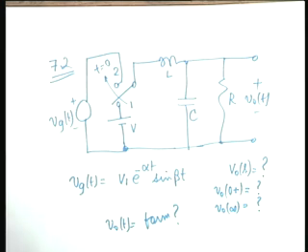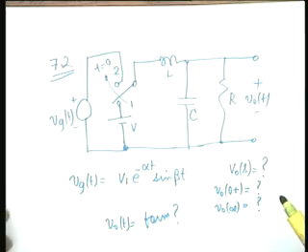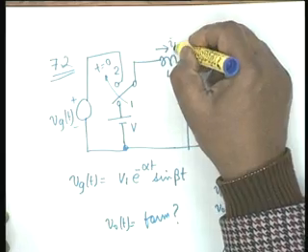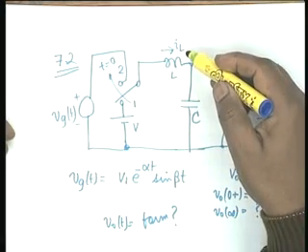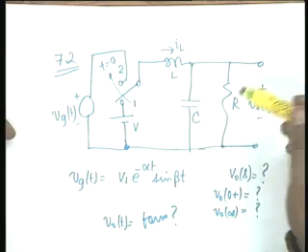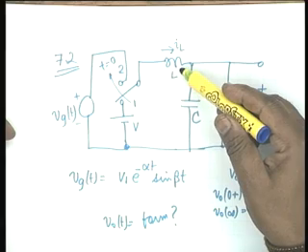Now looking at this circuit, you notice that since this switch was in position 1 for a long time, if we indicate this current as IL, then IL(0 minus) is, by inspection, V by R, because the capacitor acts as open, L acts as short.